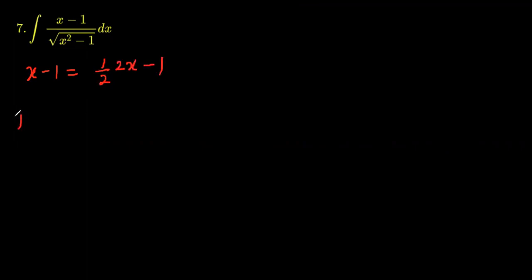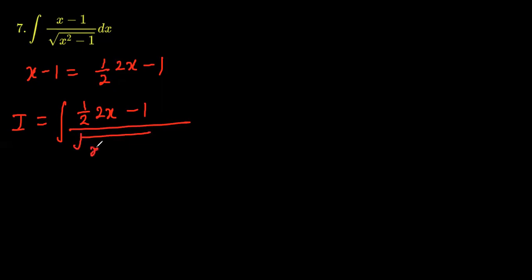And the integral, if we represent this by I, will now look like half of the integral of 2x minus 1 divided by the square root of x squared minus 1, dx.